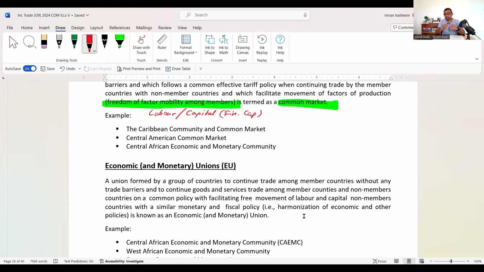Economic union, not only the tariffs and not only the factor mobility, now our policies are going to get in sync. What is going to get in sync? Policies, mainly the monetary and fiscal policies are going to be common. That's called the economic union, economic and monetary union.